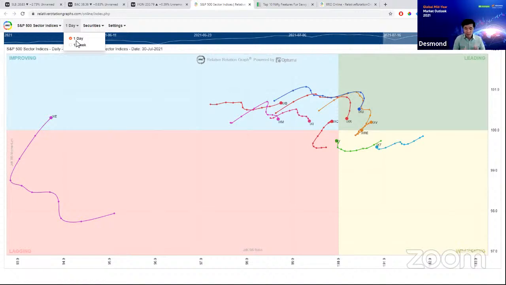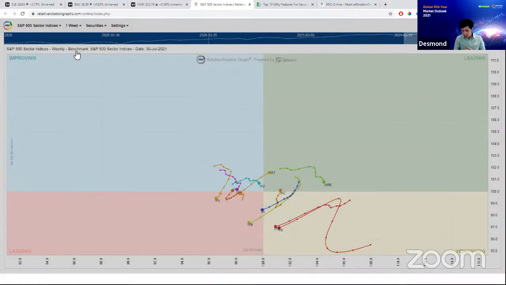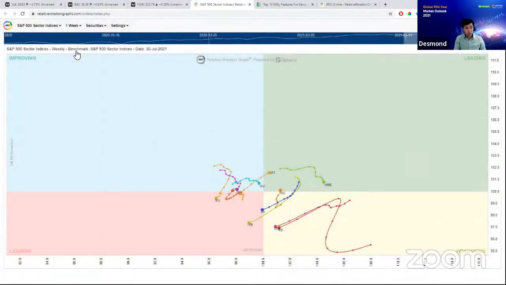If you're a longer term trader, in this investing note session we're looking for stuff that we can hold, hopefully until the end of the year, even beyond. So we look at the 1 week time frame, which gives us a much bigger forecast. If you're looking for something to hold for the next few weeks, you can use the 1 day time frame.